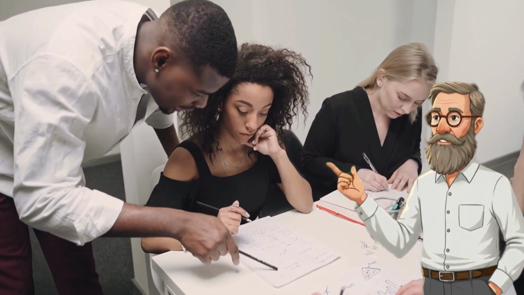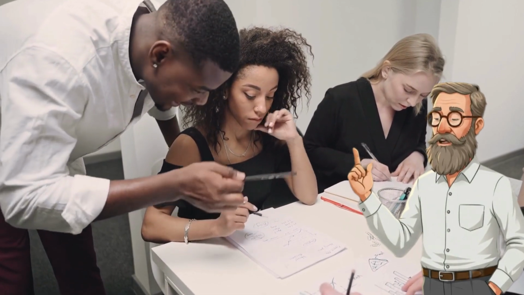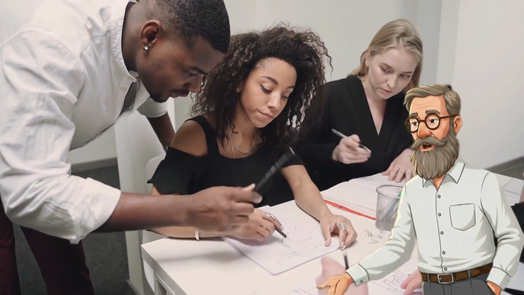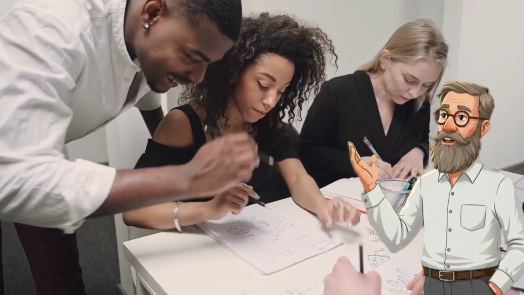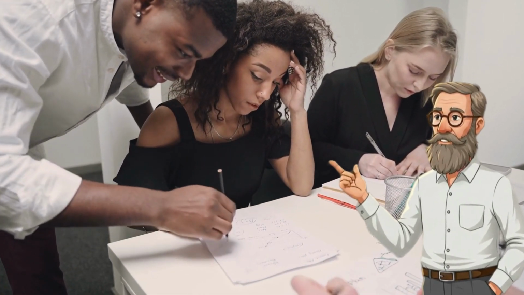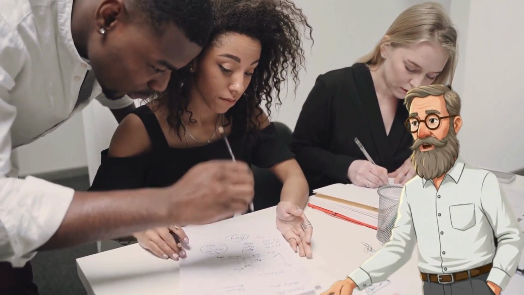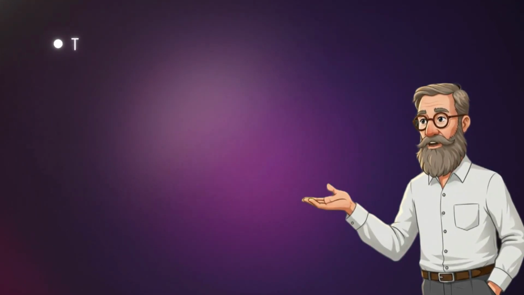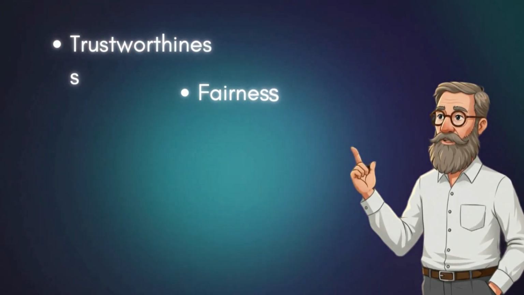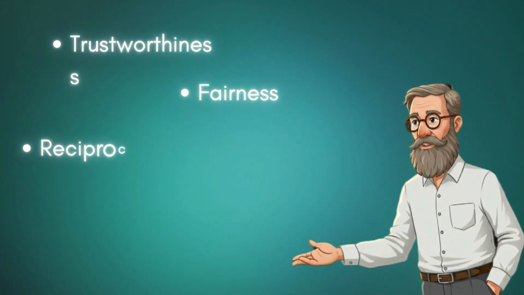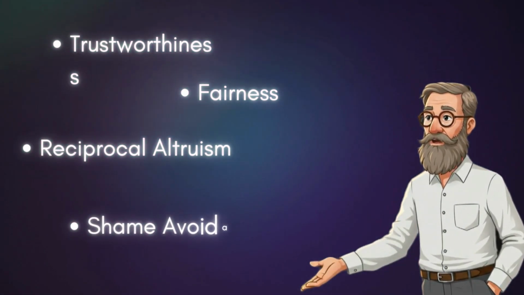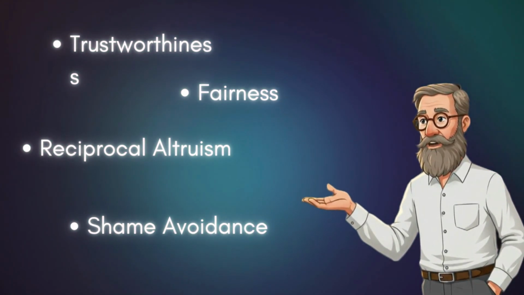Conversely, a breakdown in trust or negative emotions can lead to spiteful decisions where individuals act to harm the other, even at a cost to themselves, a behavior difficult to model if potential payoffs are the only criteria. Cultural and social factors also motivate things like trustworthiness, fairness, reciprocal altruism, and shame avoidance, which go beyond material self-interest.